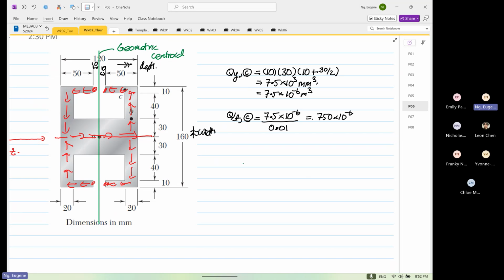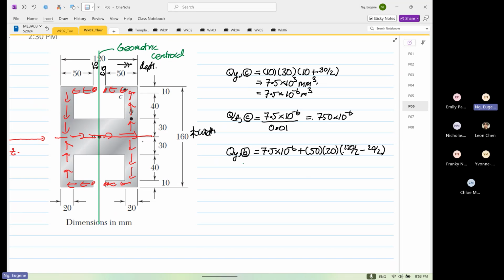So now if we were to consider point B, we will have the 7.5 times 10 to the power minus 6 plus... So now the width is 50. The depth now is 20. The y bar is 120 divided by 2 minus 20 divided by 2.